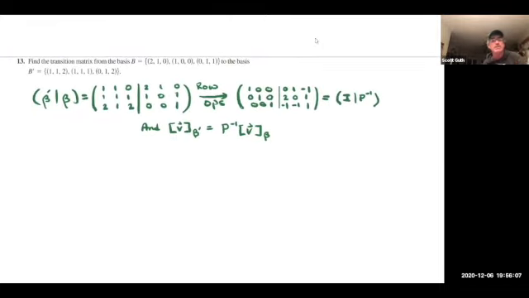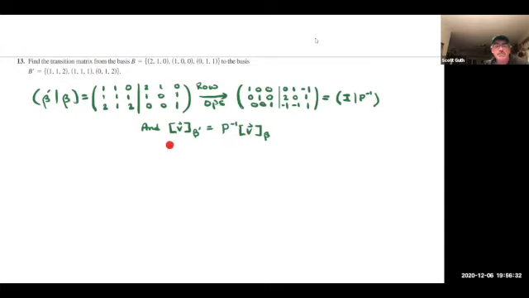Now, transition matrix, we've done these enough. You want to change from basis B to B prime, and you just need to remember to put B prime first and then B, and do a row reduction until you get an identity matrix. And then this thing over here is called P inverse, which is the transition matrix we're looking at.